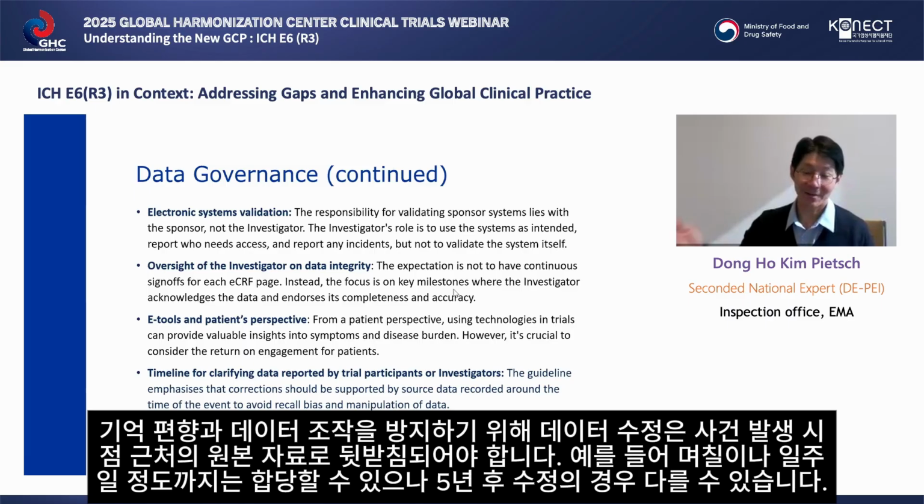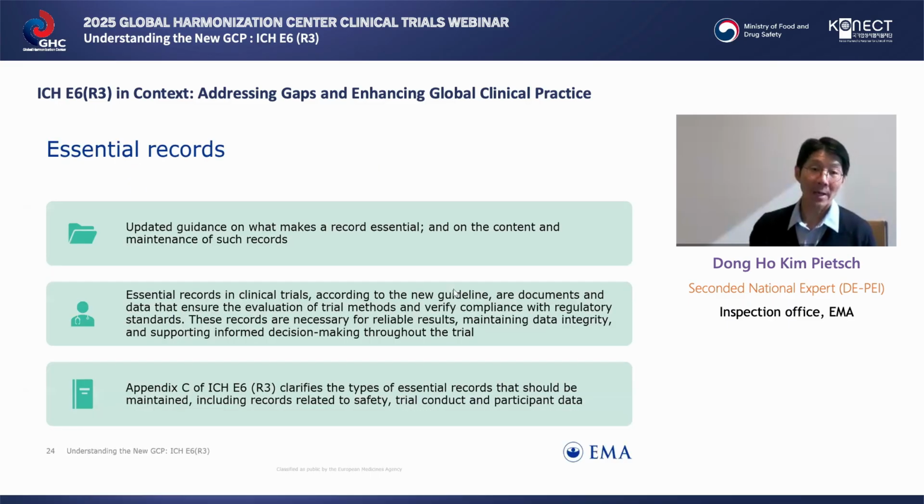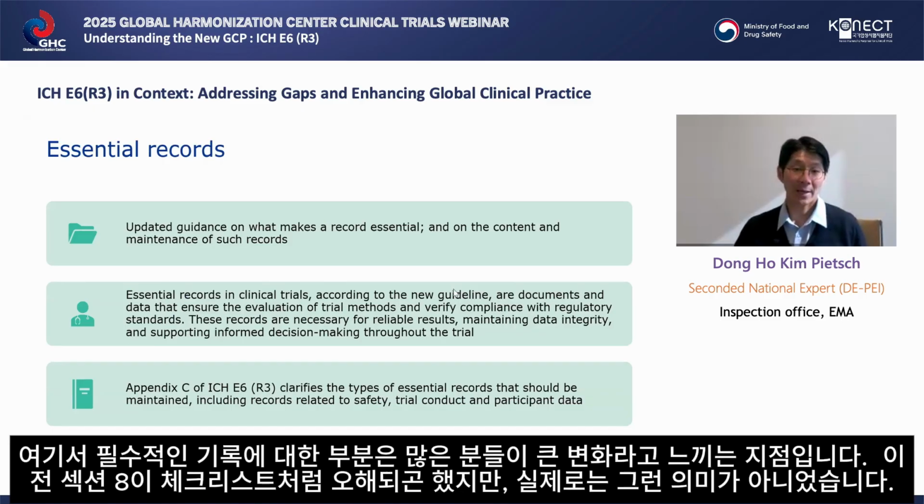It's then up to the scientists; a couple of days or a week may in this setting be reasonable if supported, but 5 years later, this may be a different scenario.